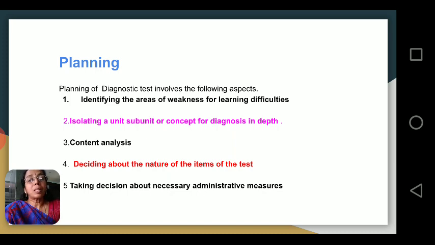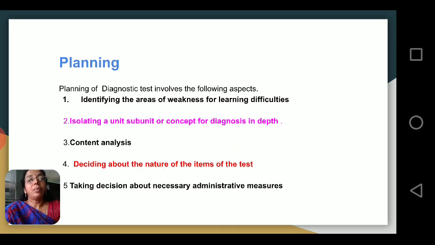And this sensing is in respect of a unit or an area of study. We have to limit that area into a subunit or subtopic for diagnosis in depth. That means isolating a unit or subunit or concept for diagnosis in depth.